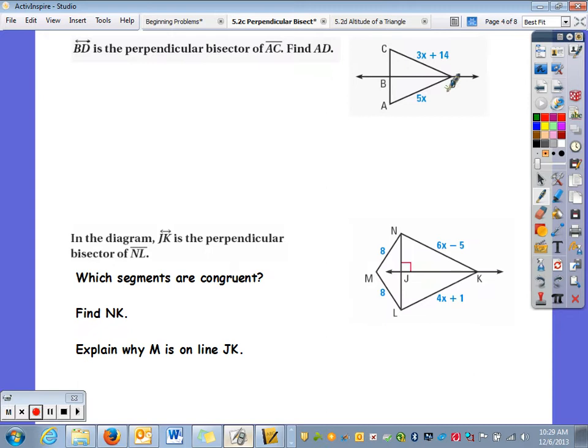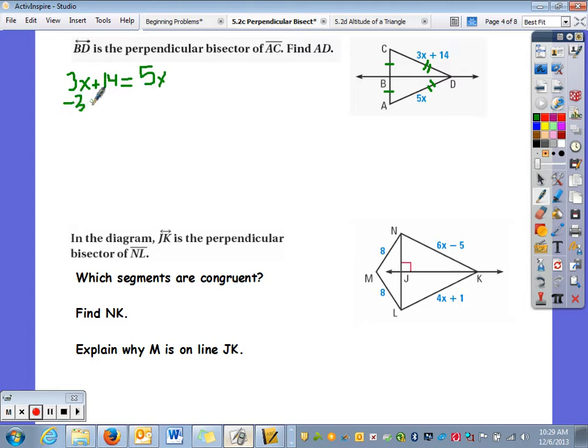So now let's apply it. BD is a perpendicular bisector. Because it's a perpendicular bisector, I know this is congruent, and because of the theorem we just did, these two are also congruent. Then I can use that to find AD. Since these two are congruent, I can set up the equation 3x plus 14 equals 5x.